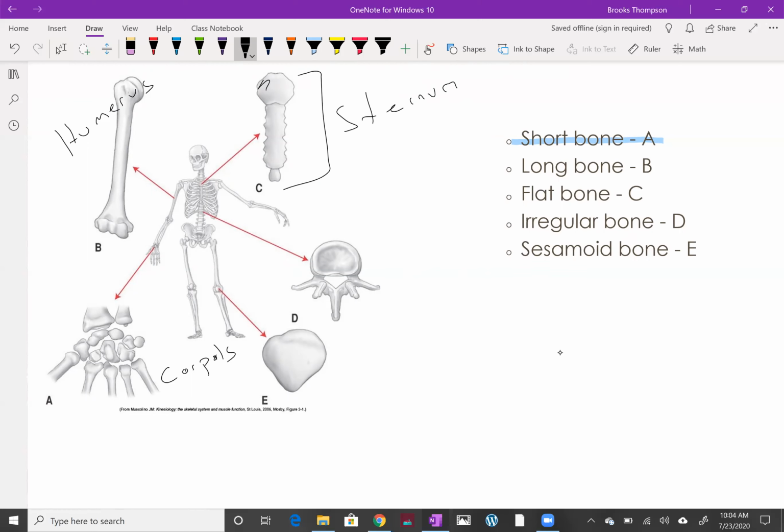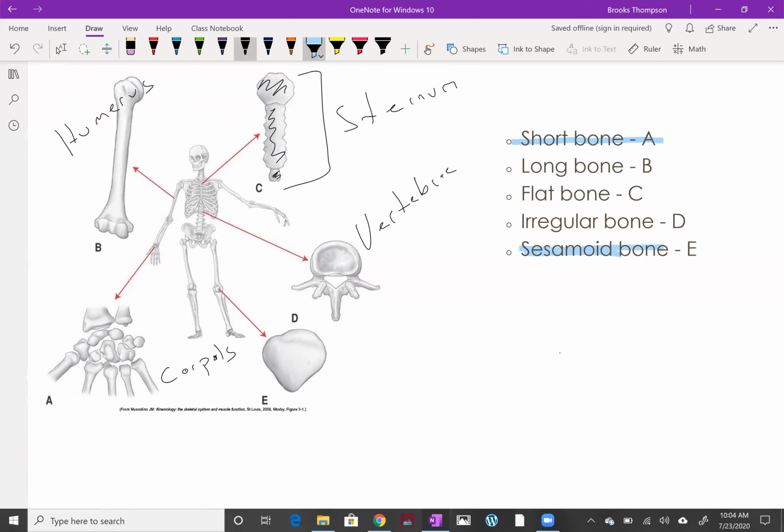Manubrium, xiphoid process, and what's this? See if you can remember. If not, look it up. We have irregular bones. So we have your vertebrae. And a sesamoid bone, a little special.